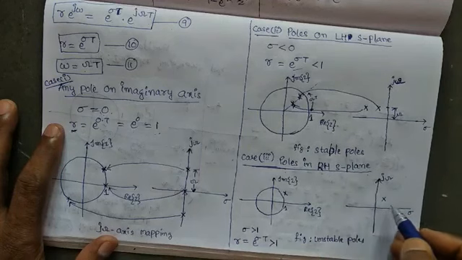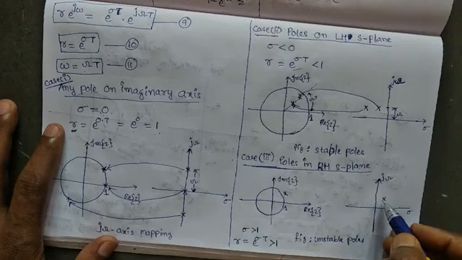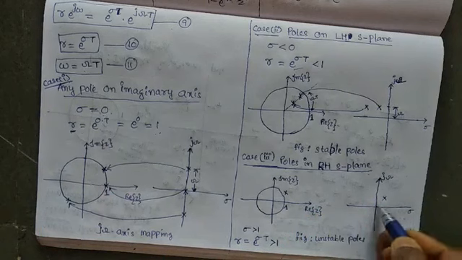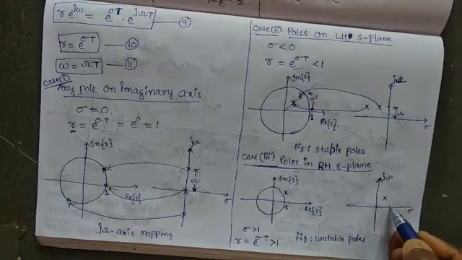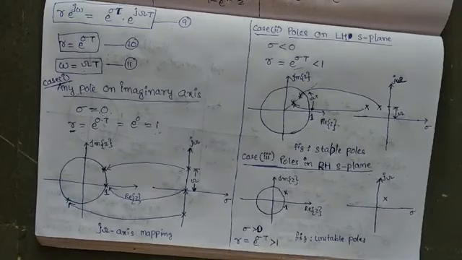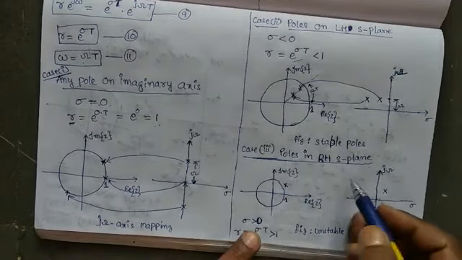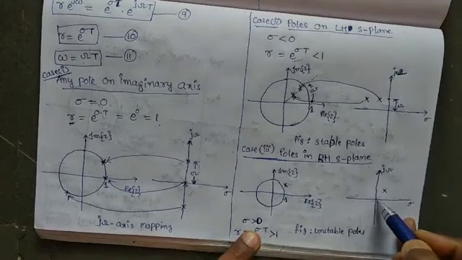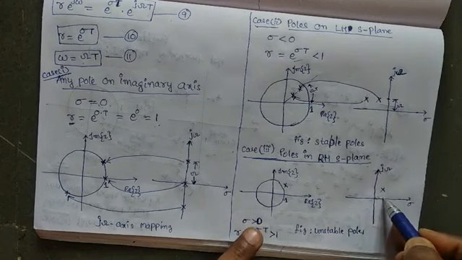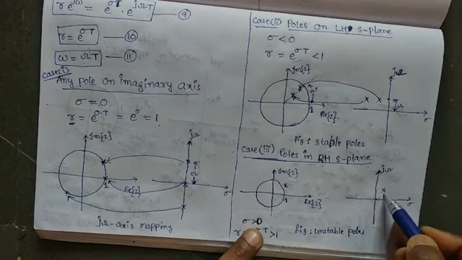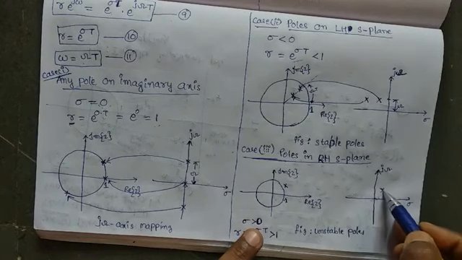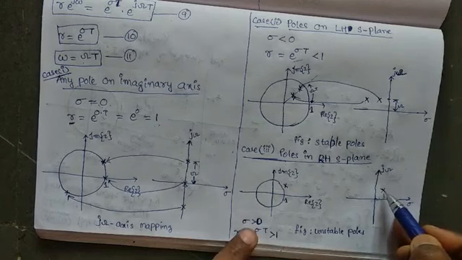Here we are mapping these unstable poles. Here sigma is greater than 0, the real part of sigma is greater than 0. Sigma greater than 0 means the positive, right hand side of the S-plane. From that we calculate the R value.